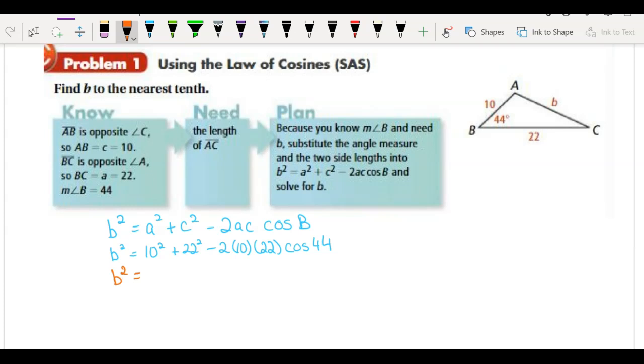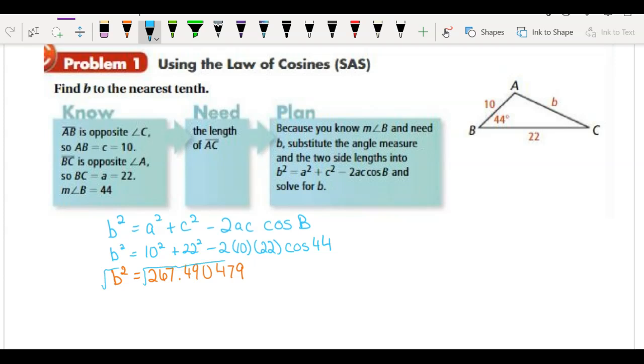Okay, what did you get? I'll tell you what I got. I got b squared is equal to 267.4904879. Now what do we need to do? We need to take the square root so that we can find the value of b.